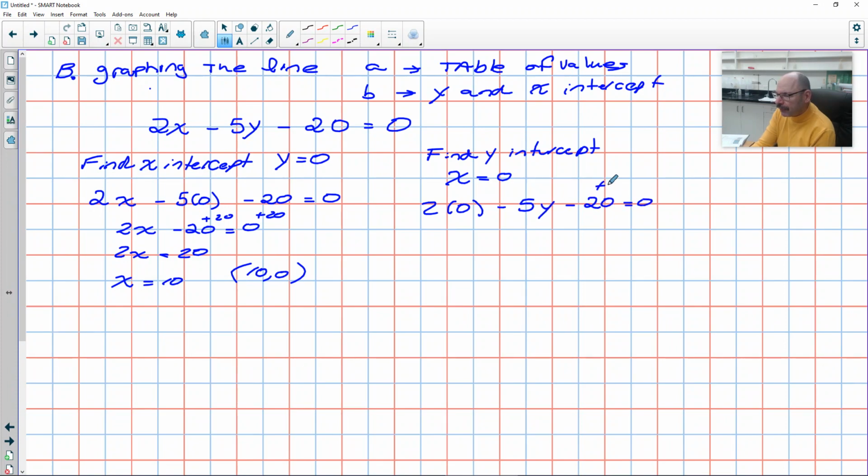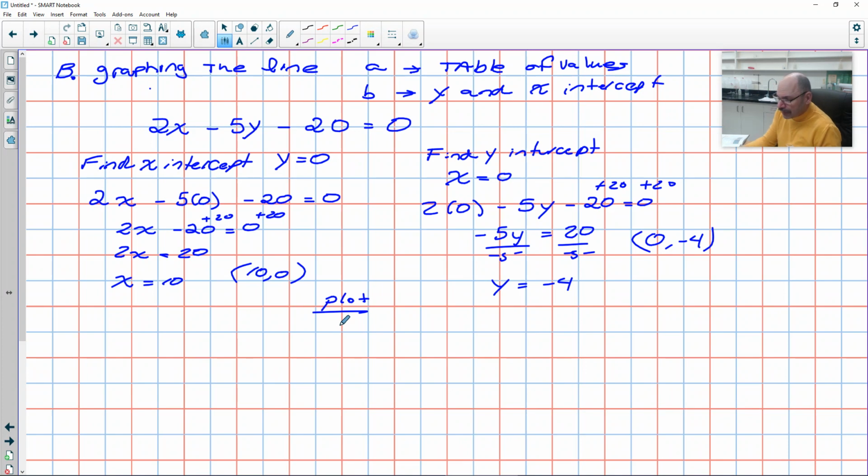So we're going to add 20 to both sides. Okay, and we get negative 5y equals 20. Divide by negative 5. Okay, and we get y equals -4. So our y-intercept is 0, -4. Okay, then we plot this.